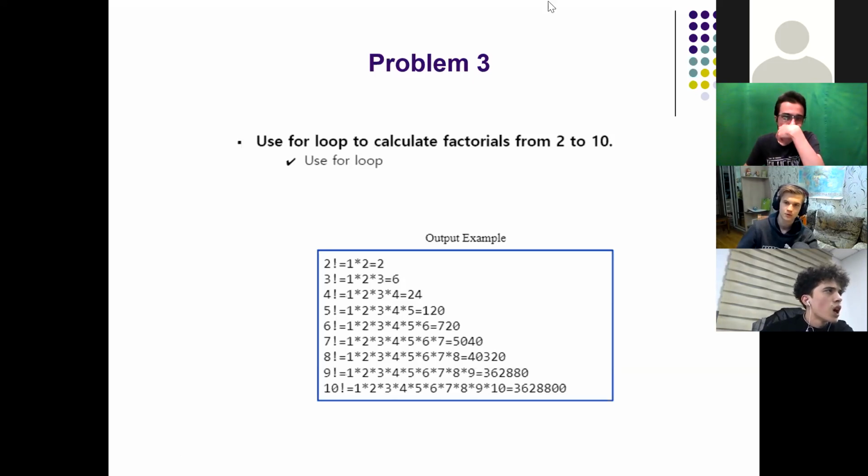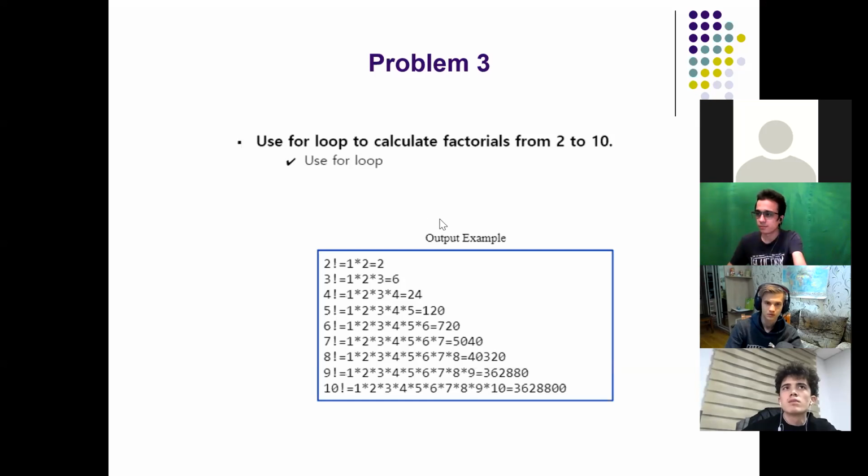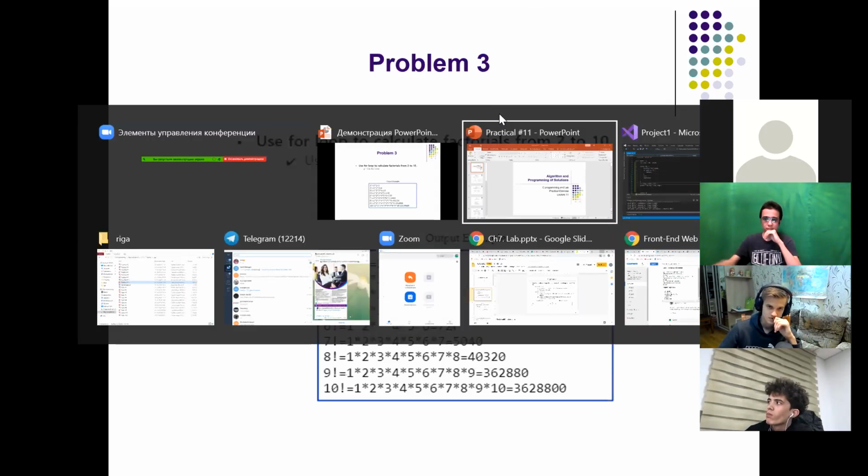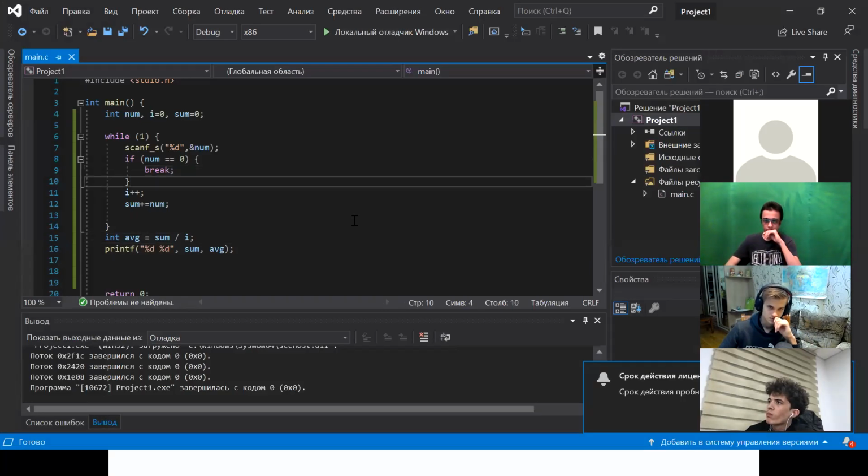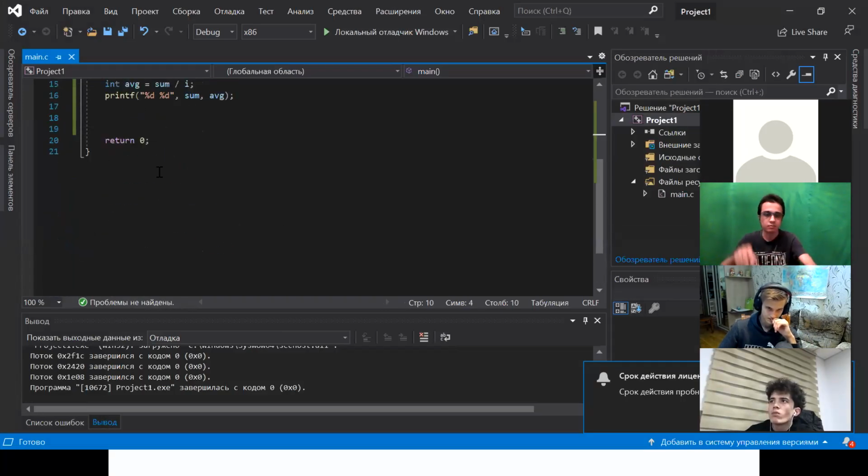Let me demonstrate then on my screen. I think I did. Really? Okay, let's see. But I have some problem with the output. Then we will do it together. I think Visual Studio is available to you, yes?